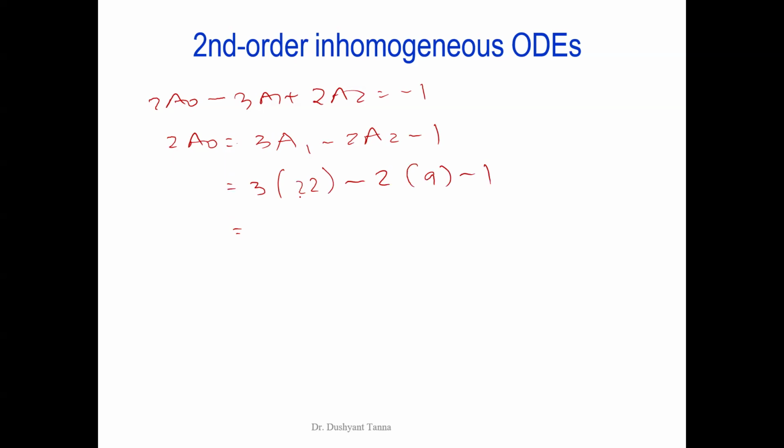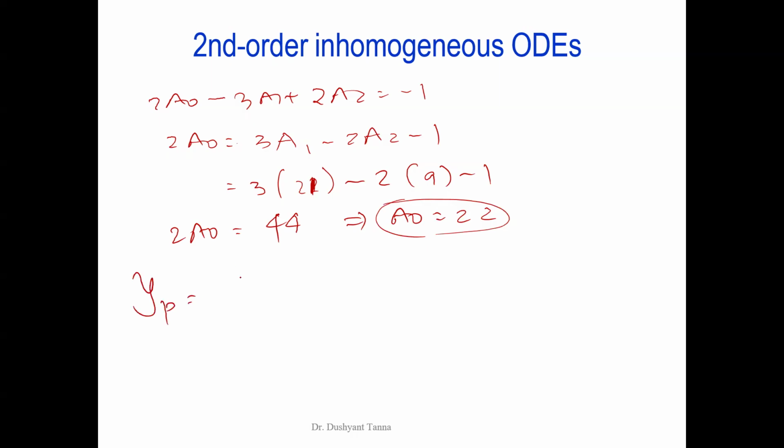So that is 63 minus 19, sorry, 63 minus 18 minus 1, which leaves us with 44. And then A0 is 22. Right?